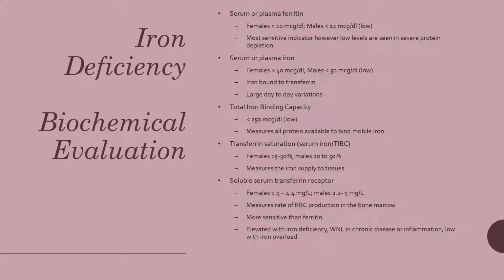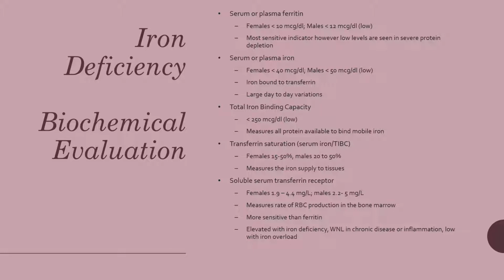This is low. And then transferrin as another lab value, transferrin saturation. In females, it should be 15 to 50%, males 20 to 50%. This will measure the iron supply that is available to tissues. We can also see a soluble serum transferrin receptor.